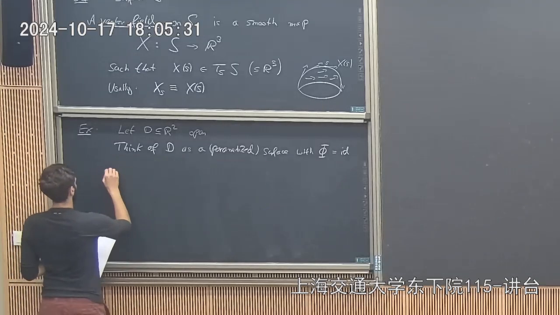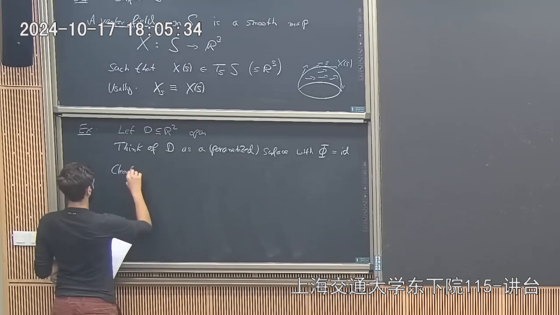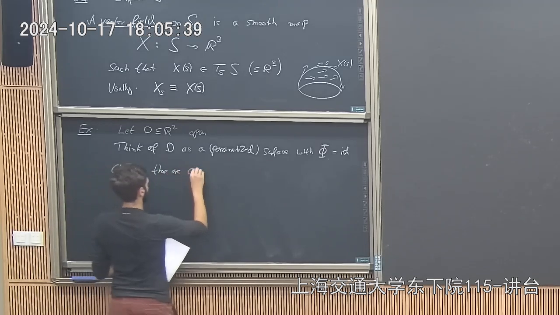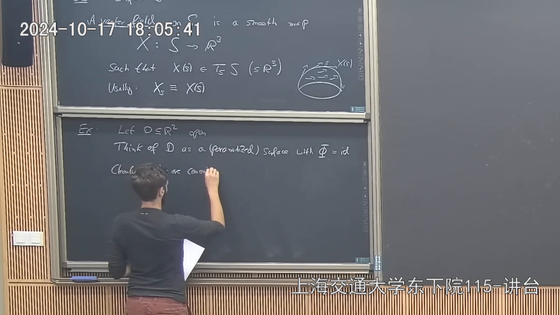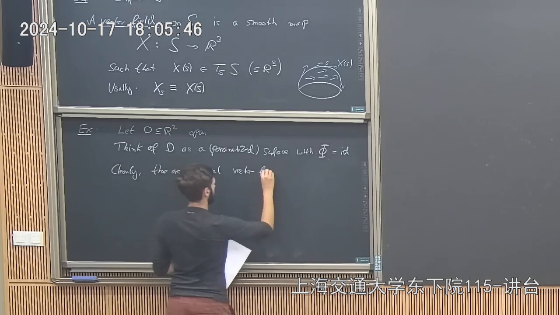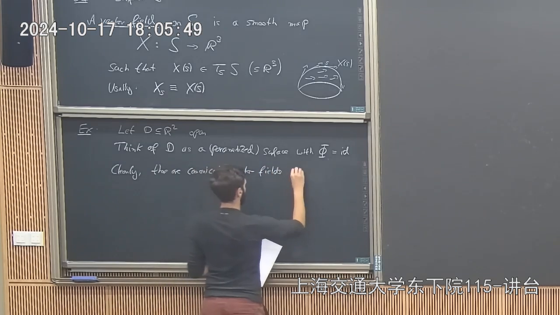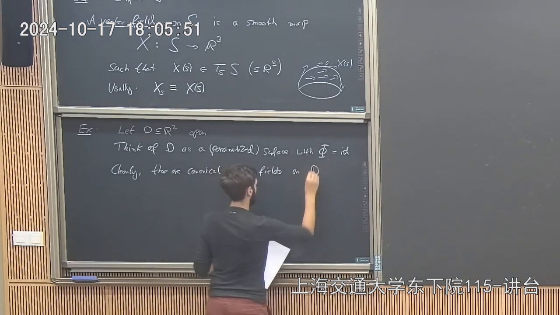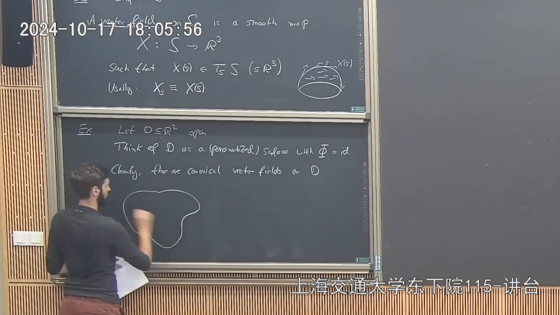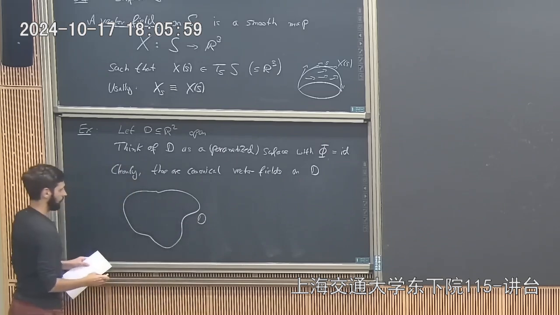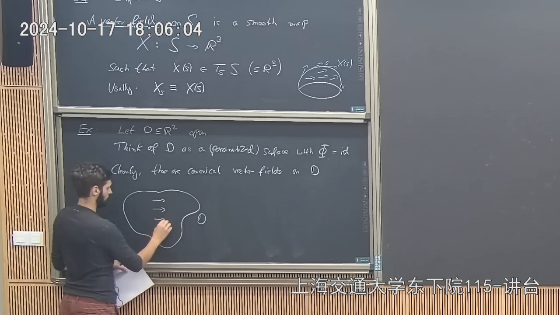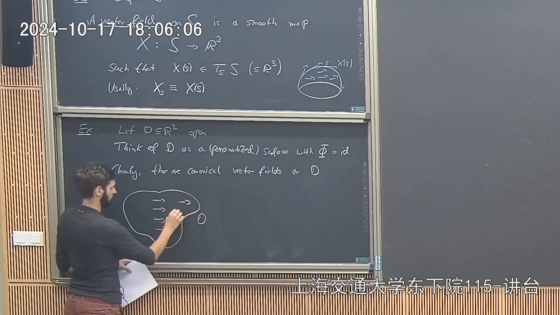And then clearly there are canonical vector fields on D. For example, if that's your open subset of R2, at every point we consider the vector that just goes in the x direction.